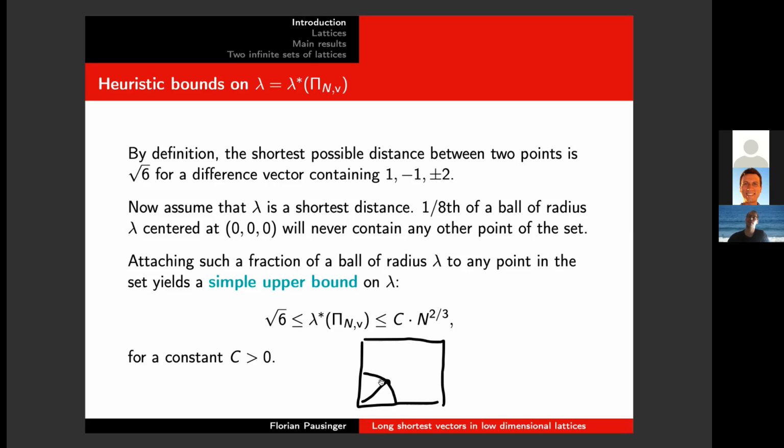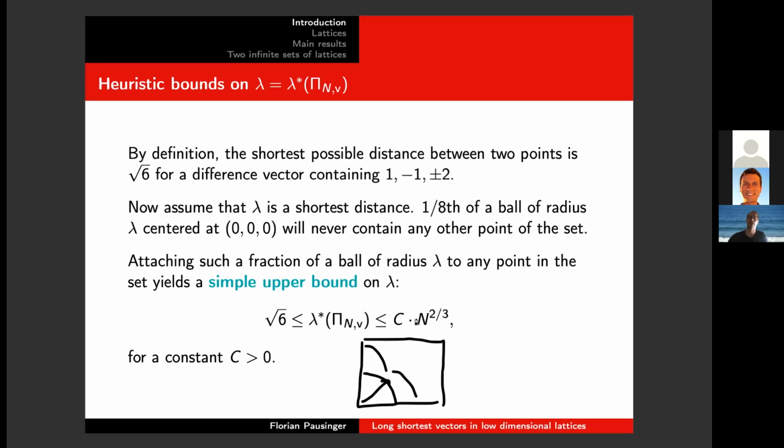And we can attach now such a quarter of a circle to each point in our lattice. And since we know the volume of the whole unit square, and we know the number of points, we can easily use this kind of volume area argument to get an upper bound of the length of the shortest distance.